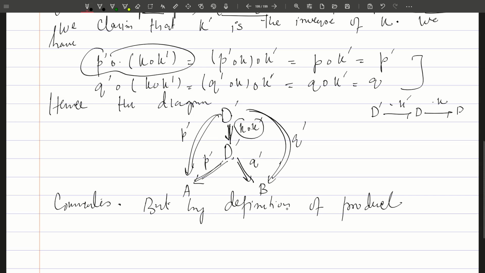But we know that there is also the identity morphism. So by definition of product, there is a unique morphism from D prime to D prime that makes the above diagram commute.